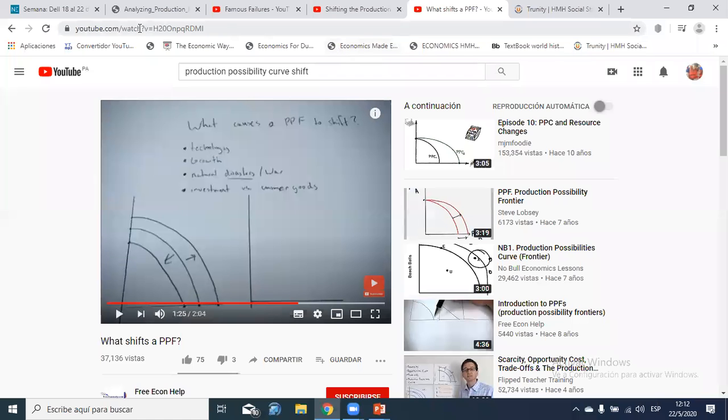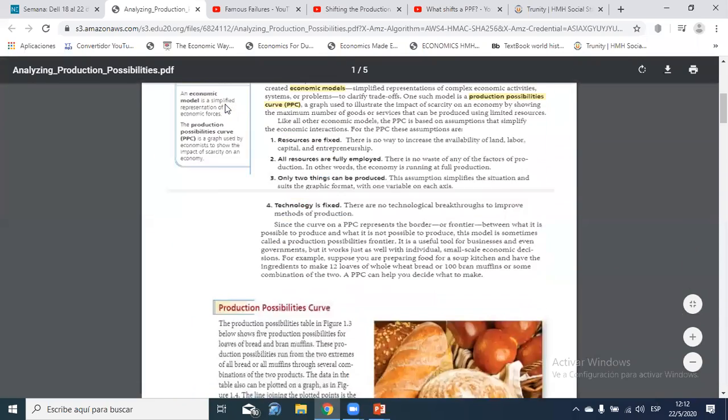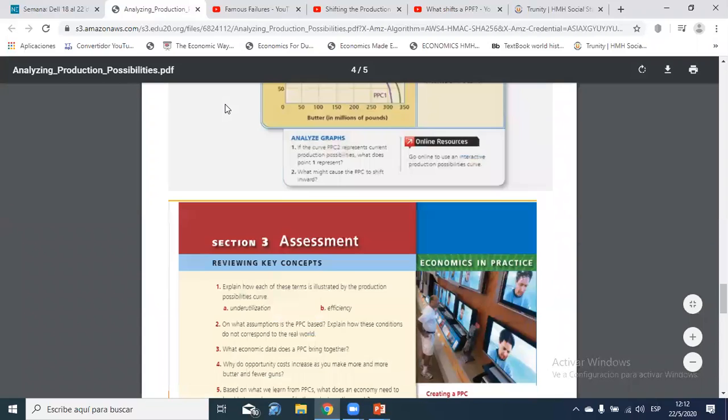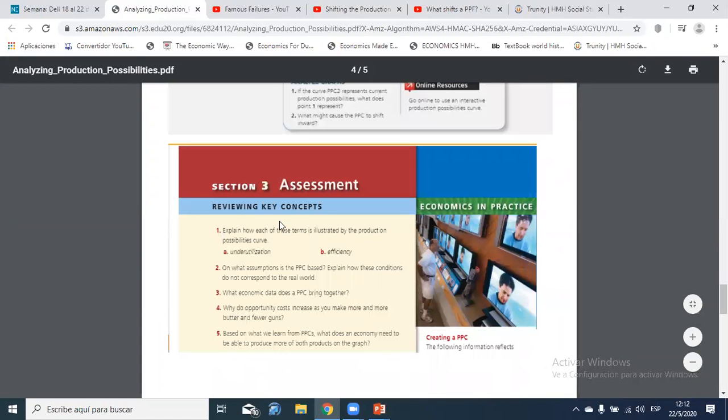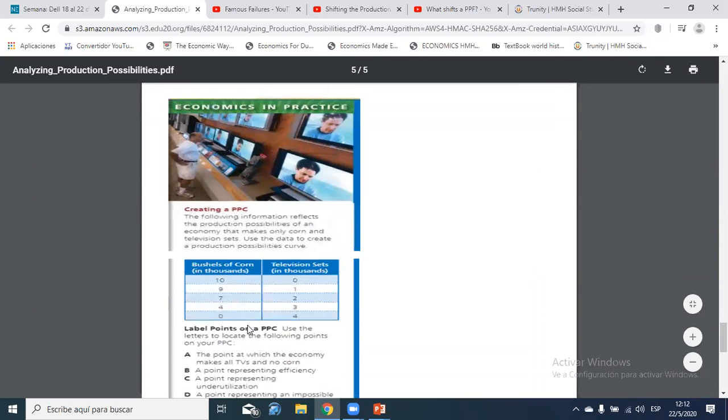Remember, you have already this document. You have that PDF, you have downloaded it, or you have to print it. So over here at the end is the assessment. I want you to answer these questions, this question, this, and this, and this. Now, the other class had to do this activity, but I don't want you to do this, okay?